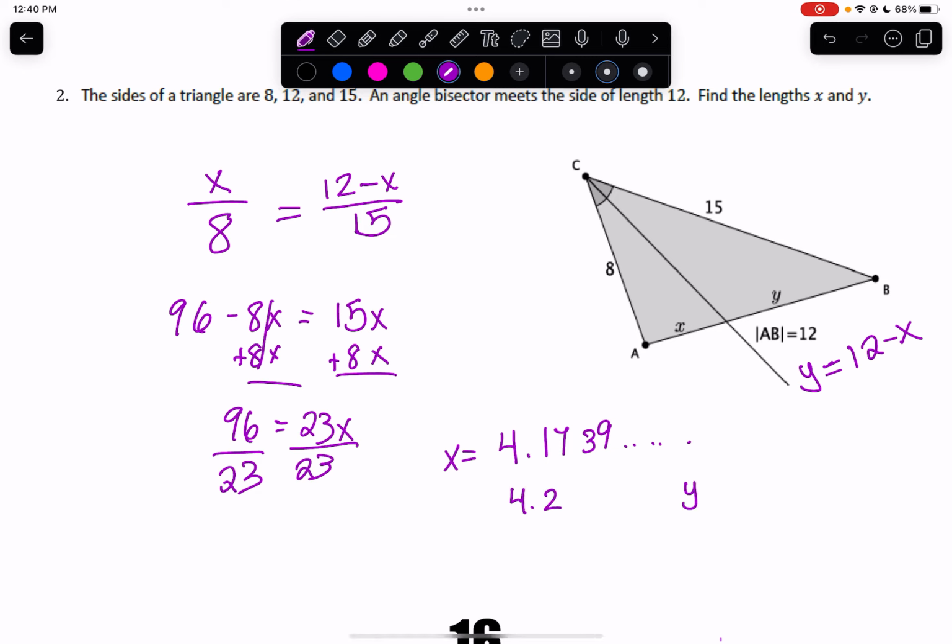So then y is equal to 12 minus 4.2, which gives me 7.8.